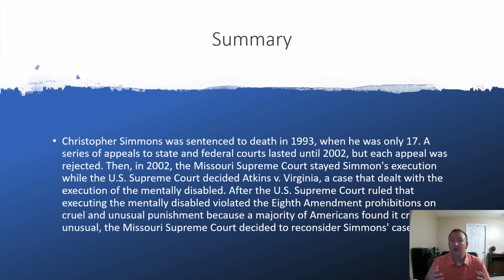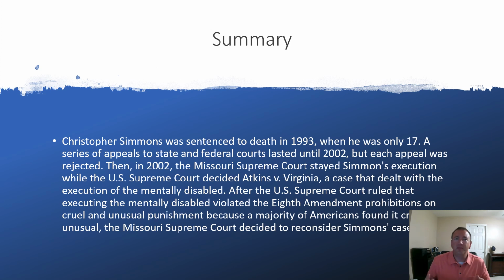this case. See, Atkins versus Virginia was a case that dealt with the execution of a mentally disabled person. So they made some sort of connection between executing a mentally disabled person and a juvenile, probably on the basis of cognitive development. So what happened here is after the U.S. Supreme Court ruled that executing a mentally disabled person violated the Eighth Amendment, which was a prohibition against cruel and unusual punishment.